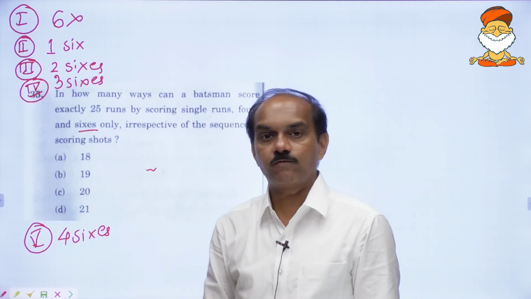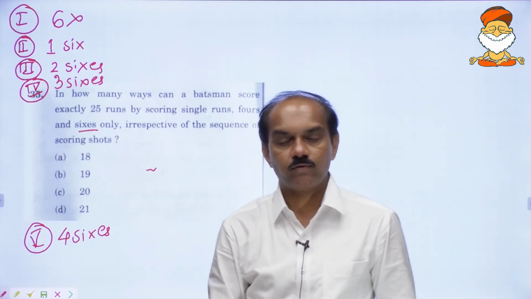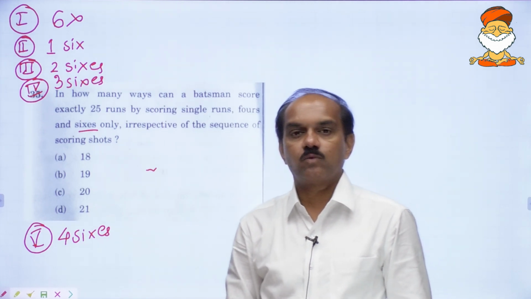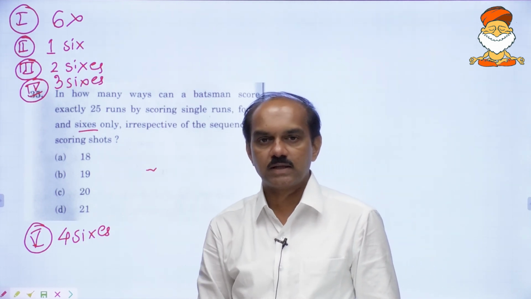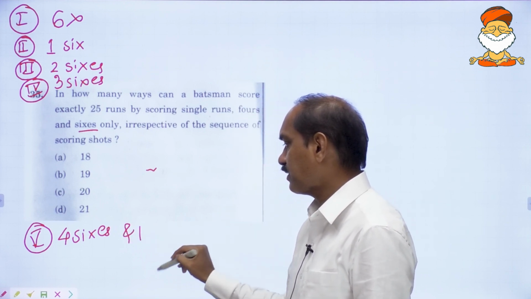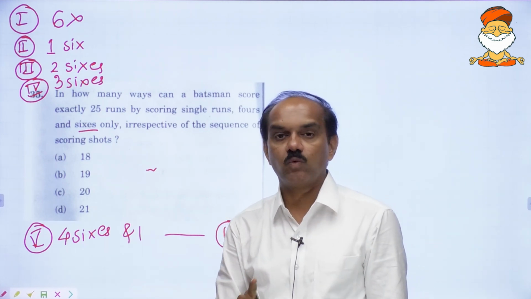Assuming he has hit 4 sixes. 4 sixes are 24. Now, to get one more run, go for 1 single, meaning 4 sixes and 1 single run. This is the only way out here. In only one way you can do it.